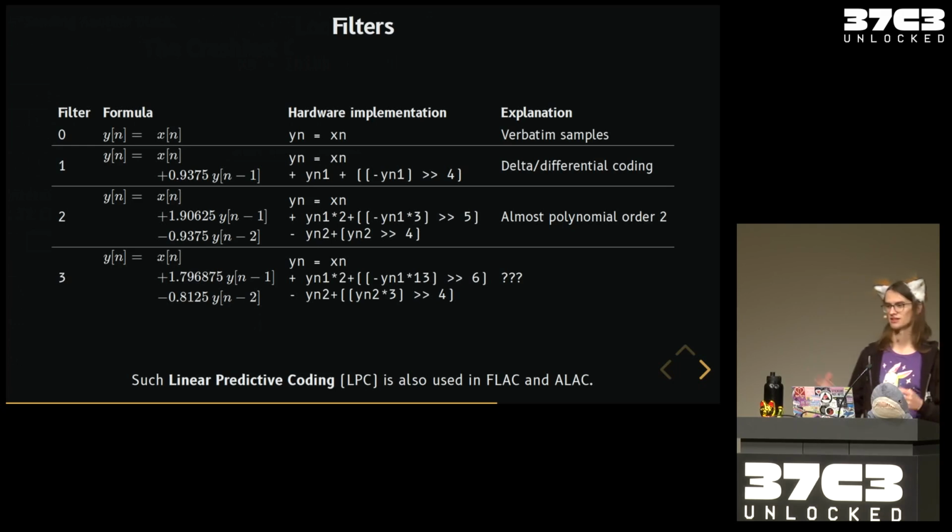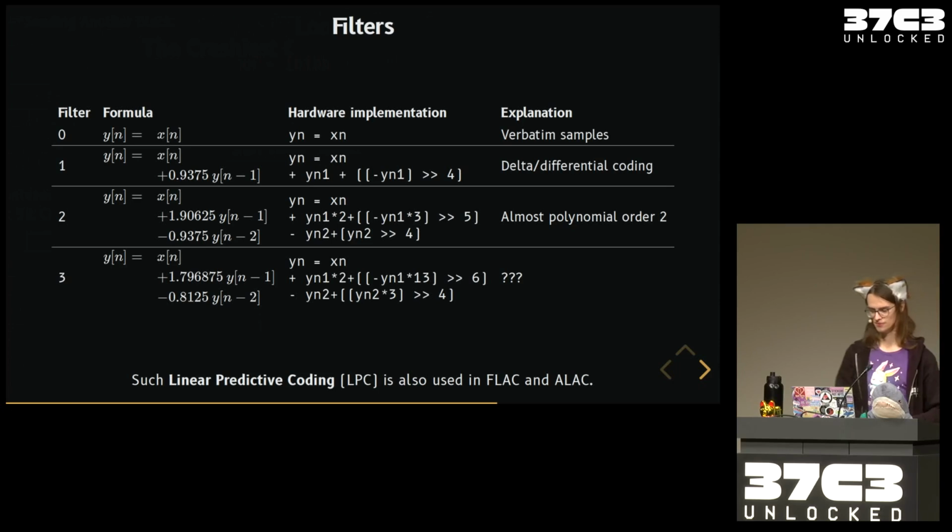And this means that the value we're getting in is just encoding the difference between the previous sample and the next sample. And that's where the differential or delta coding comes in. And because samples in waves are always pretty close to each other, this is actually already very efficient.